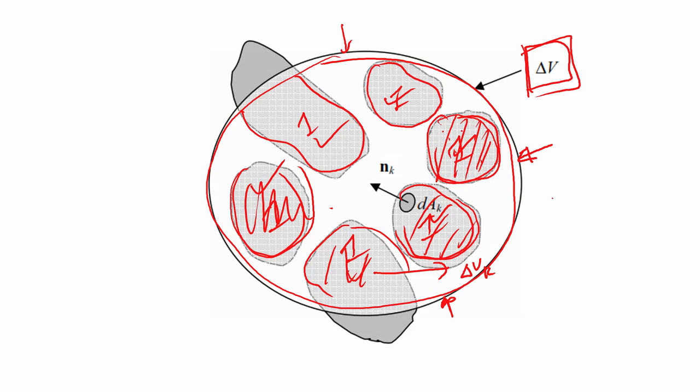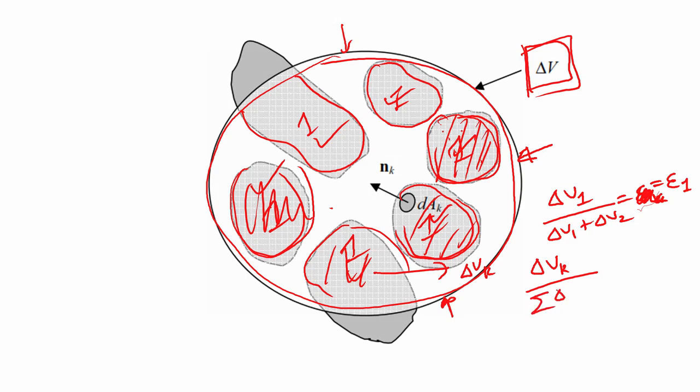Say you get some delta V1, and if you divide it by delta V1 plus delta V2, that is what gives you epsilon 1. Sorry, in a normal case this can be written as delta Vk divided by the summation of delta Vk, k equal to 1 to whatever.